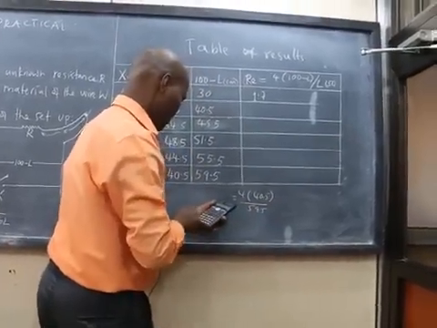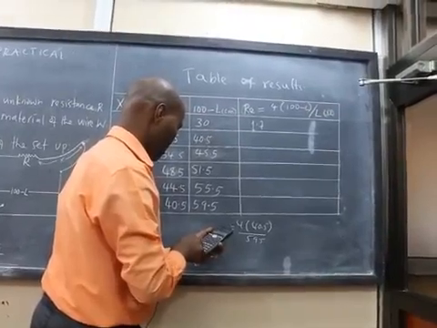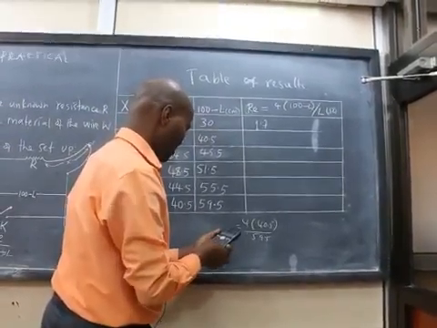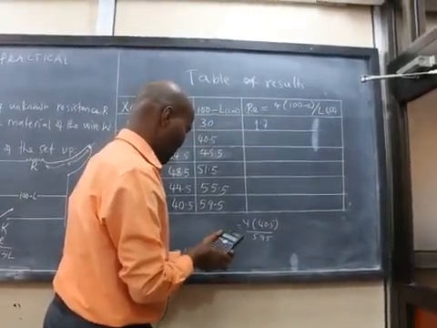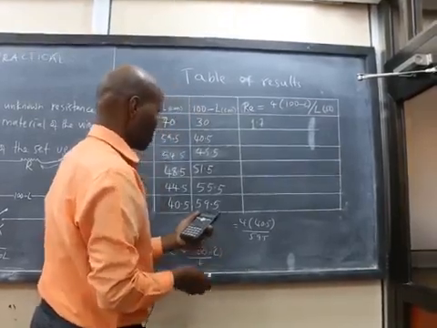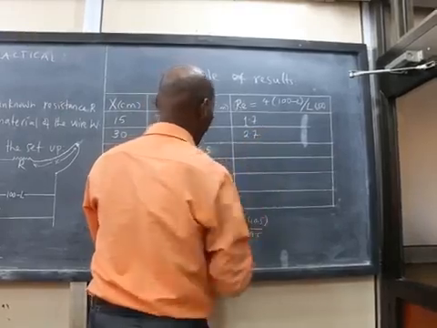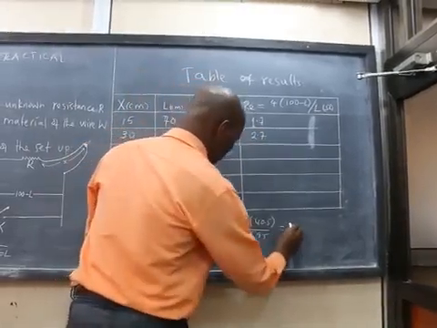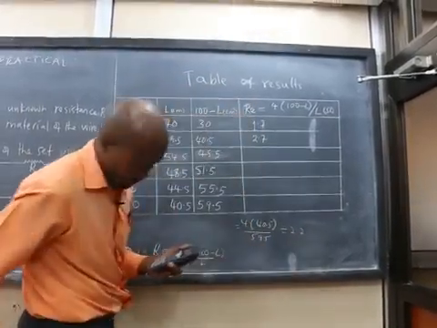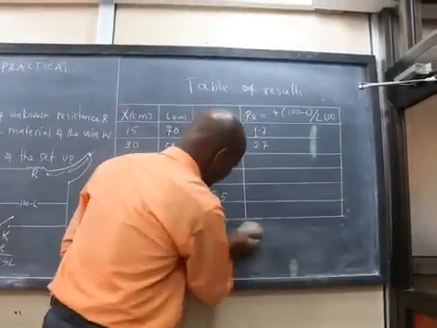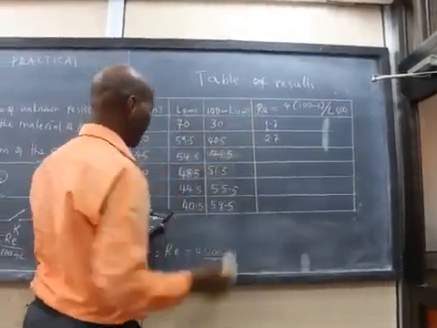So 4 times 40.5 divided by 59.5, you get 2.7. Okay, now let's move to this part here.